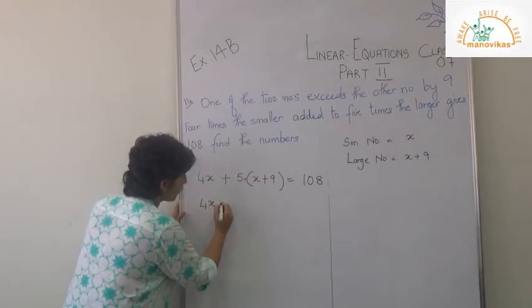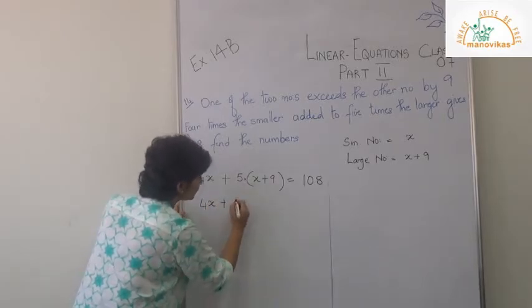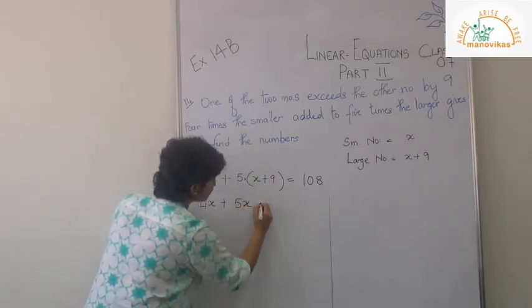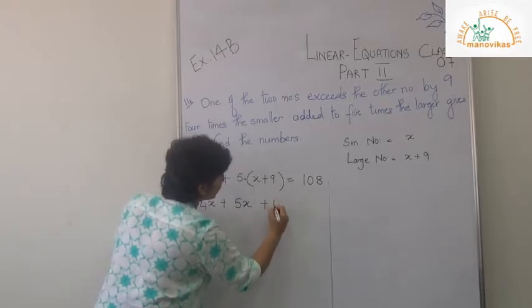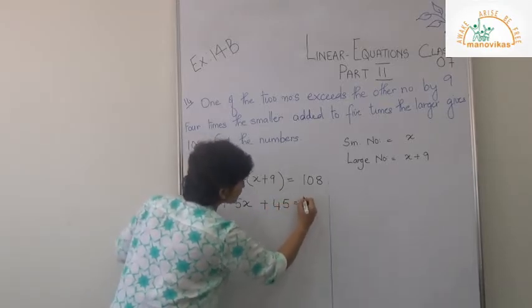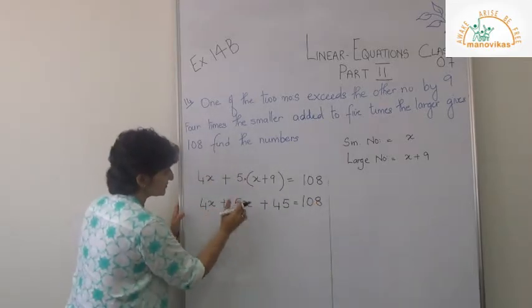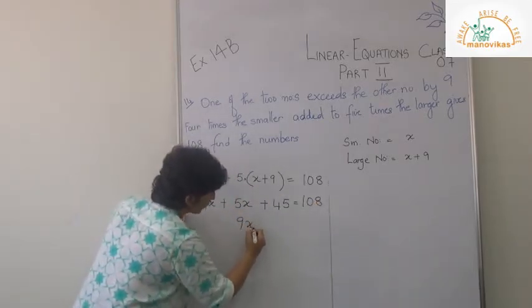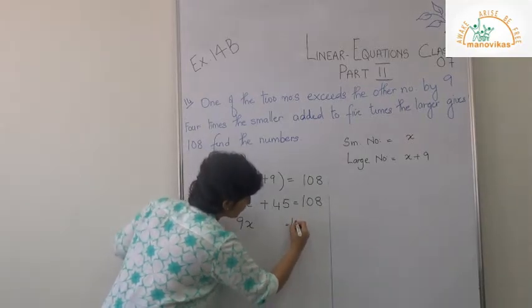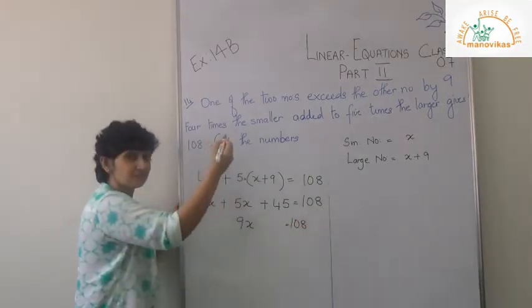So this is 4x plus 5 into x would give me 5x plus 5 nines are 45, which is equal to 108. 4x plus 5x gives me 9x, which is equal to 108 plus 45.